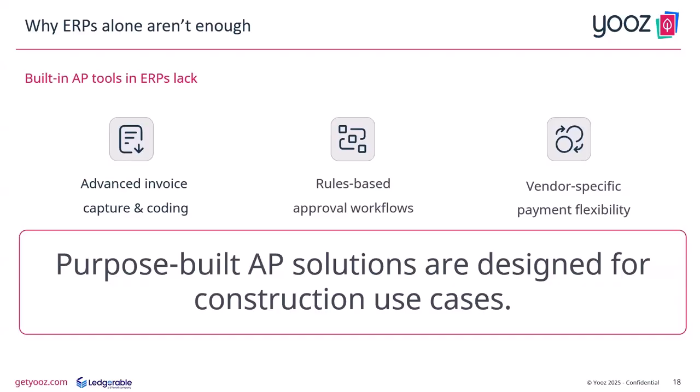An AP automation system can take these to a more customized and efficient level. And I always recommend that you layer a purpose-built AP automation system onto your AP or ERP to fill the gaps and then truly unlock the system's full value that it can bring to your organization.